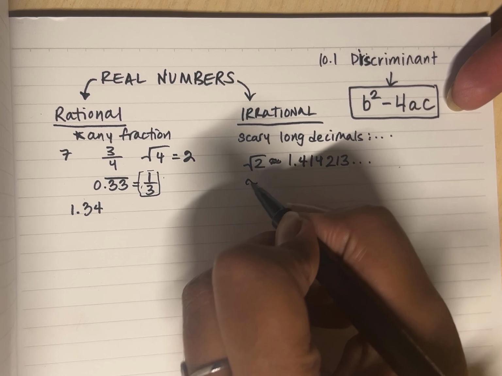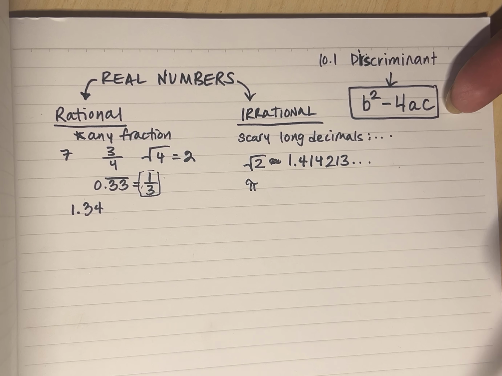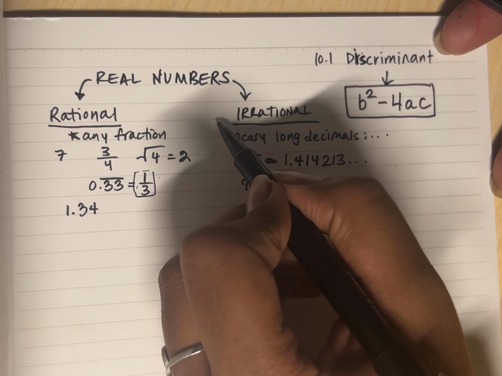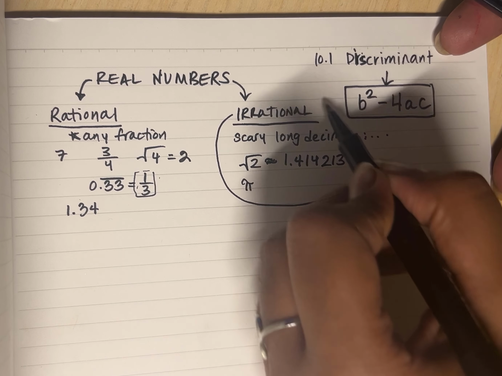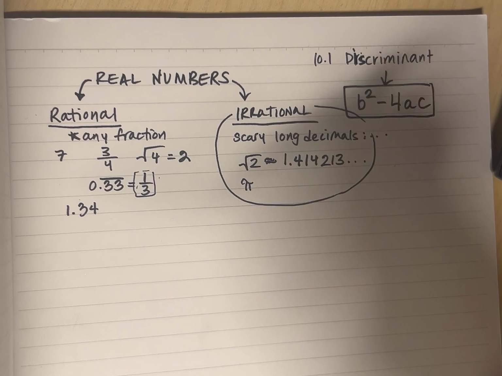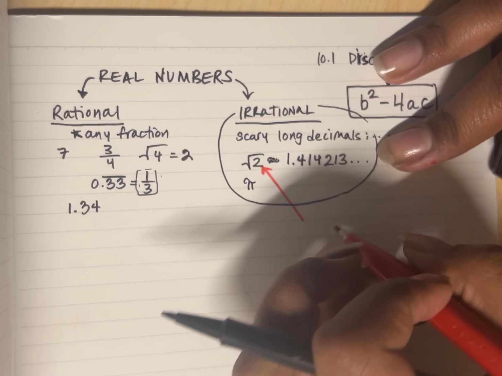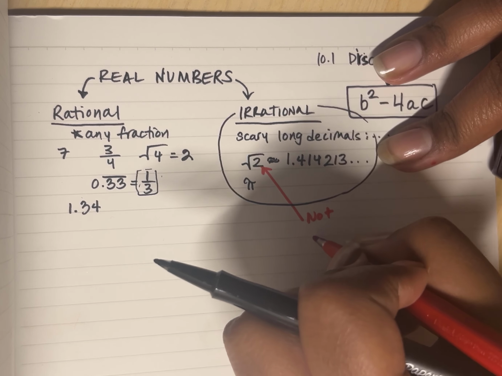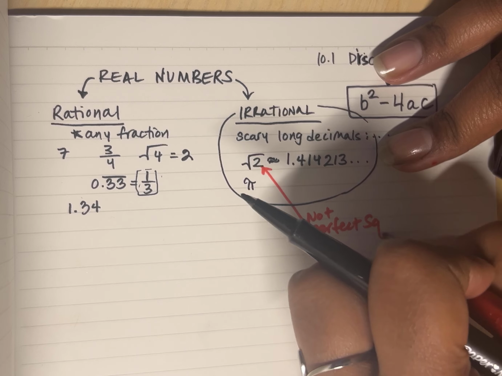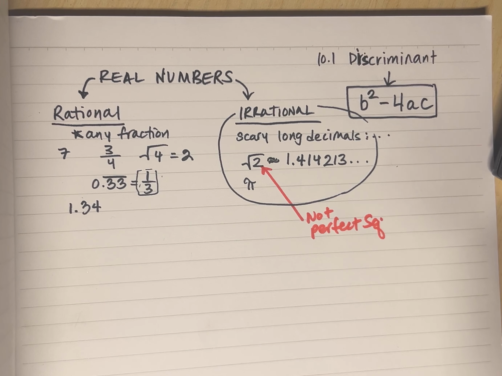Another irrational number is pi. Pi is irrational. It's 3.14 and it goes on forever and ever and ever. So these are my irrationals that we're going to be talking about. Once again, something important here is that the square root of 2 is not a perfect square. We've been talking about what perfect squares are in my class.